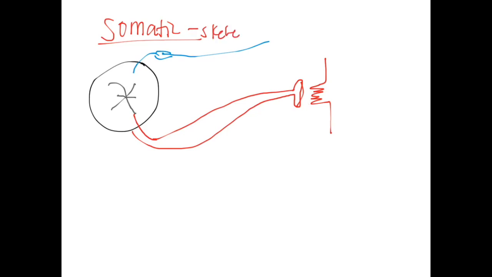When we innervate skeletal muscle, we're going to use a one motor neuron chain. So only one motor neuron from the central nervous system to the effector organ.